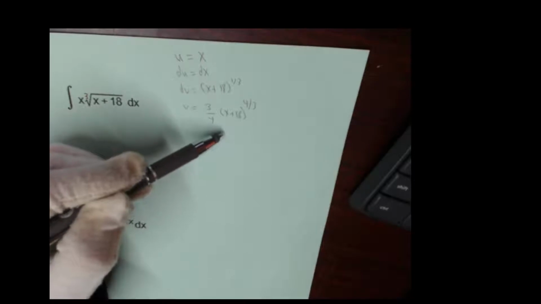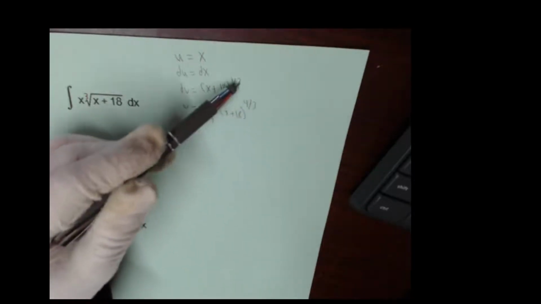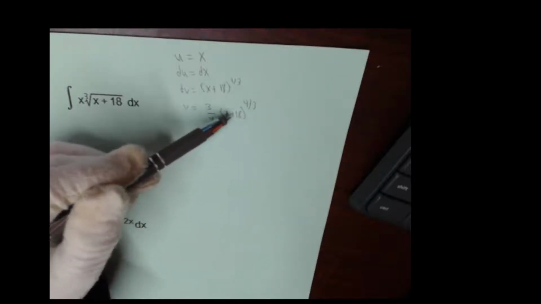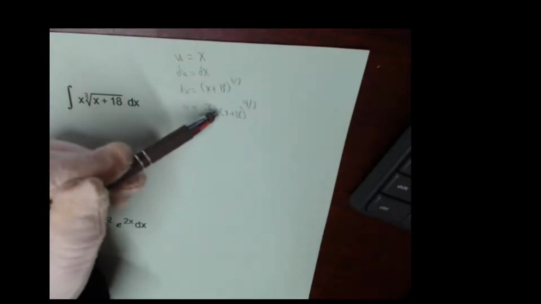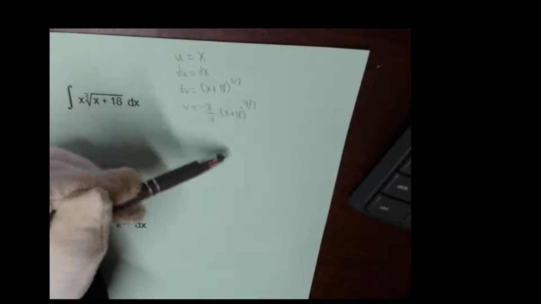So that's where this fraction came from. Also notice that we only have x plus 18 in here, so there's no chain rule or u sub we need to worry about. If there was a 10 in front of the x, then this would be another step with a u substitution. But luckily, we don't need to worry about that.